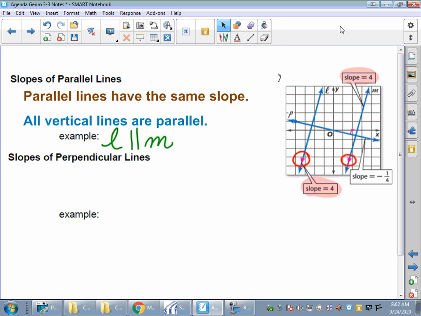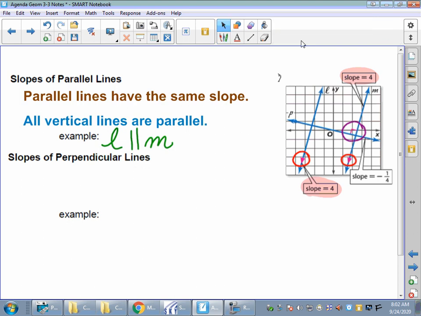The note that all vertical lines are parallel is kind of just fine print because they have undefined slopes, and so we can't really compare numbers like 4 and 4. Horizontal lines have a slope of 0. 0 and 0 are the same thing. So that's why they put that in there. Basically, if it's undefined, and another one's undefined, they have the same slope, right? They are both undefined. Perpendicular lines. Notice right here I've got a right angle box.